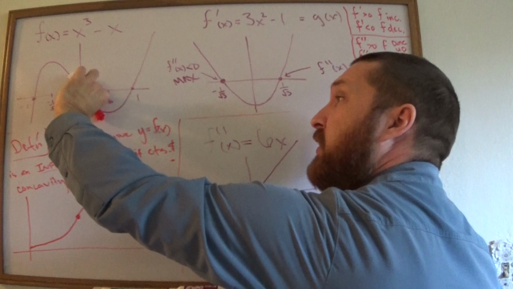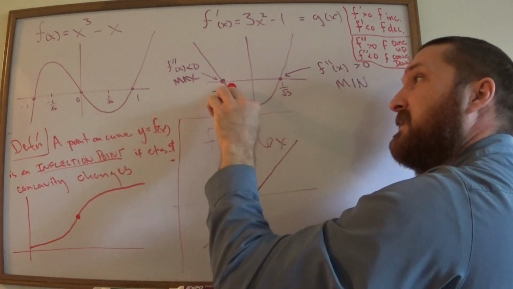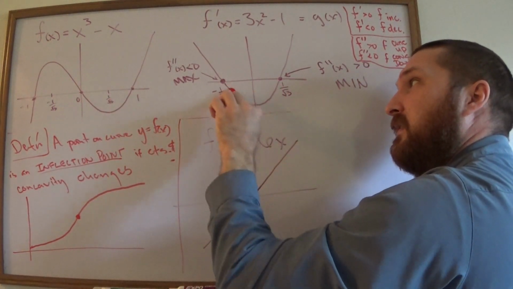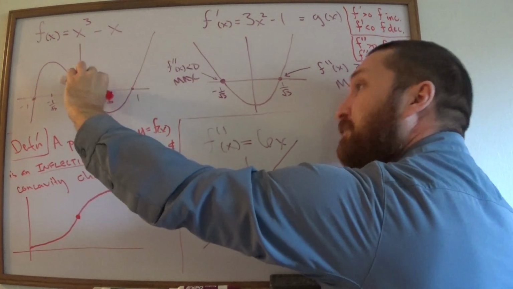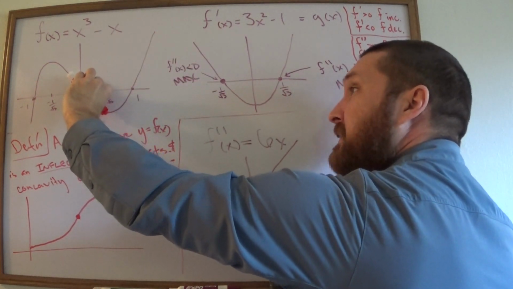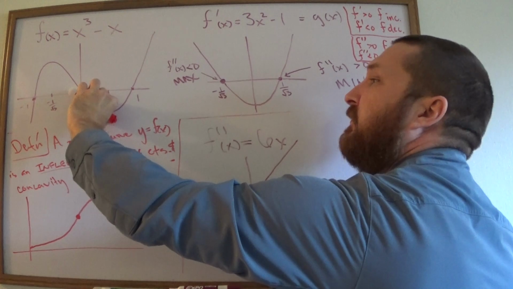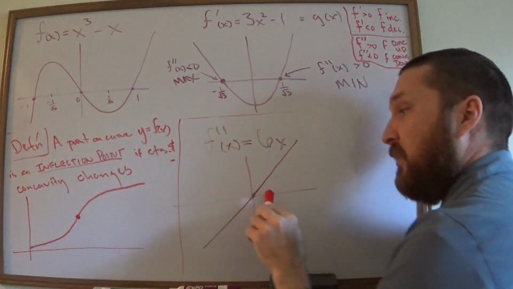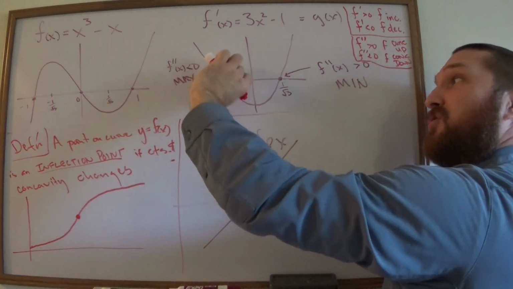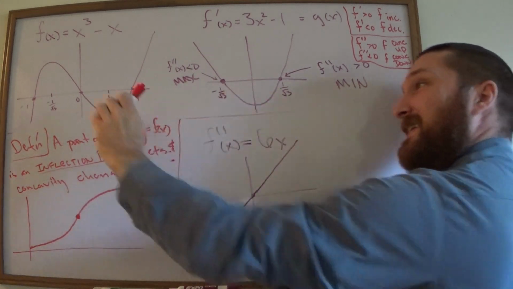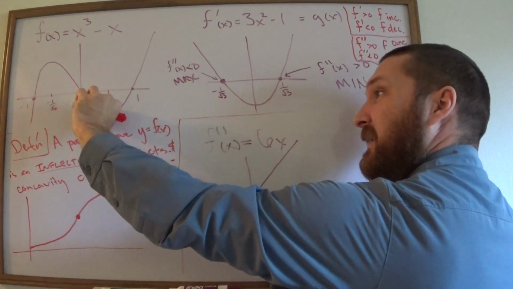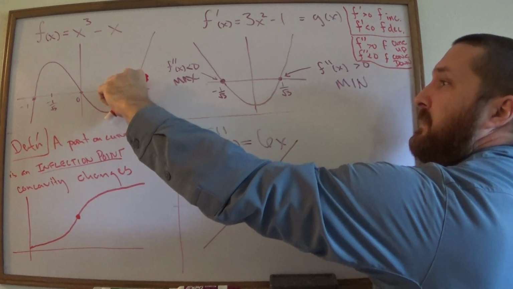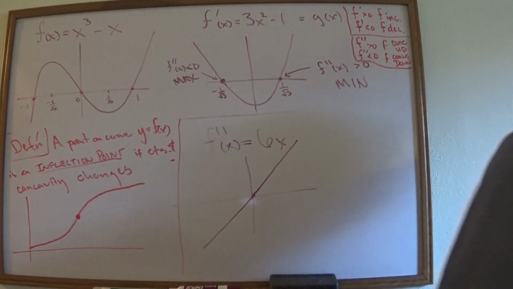The function itself may still be decreasing, but things are looking up, right? We've hit an inflection point. Now the slope is increasing, and that's what concave up is, right? And so on and so forth.